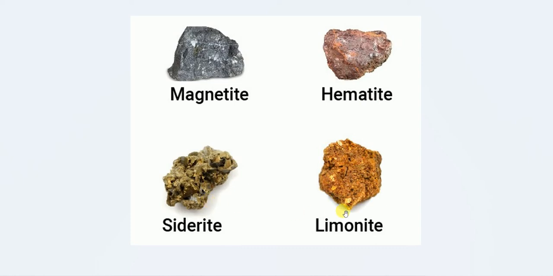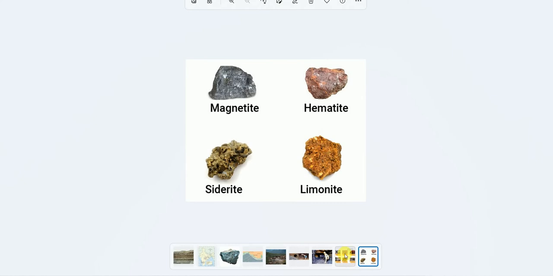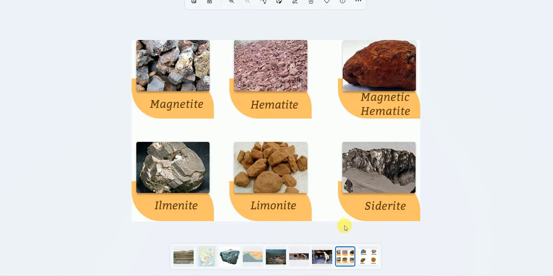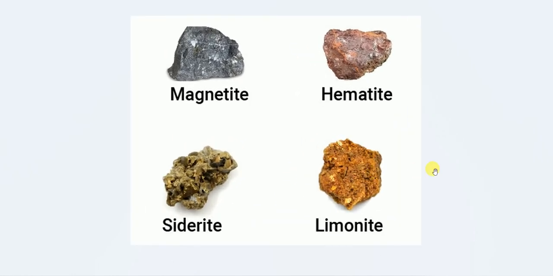The fourth one is limonite. So these are the four types of iron ore. We have some other types like magnetic hematite and ilmenite, but in our textbook we mainly deal with these four types of iron ore.